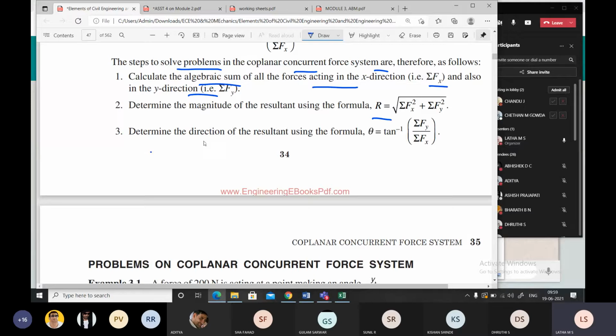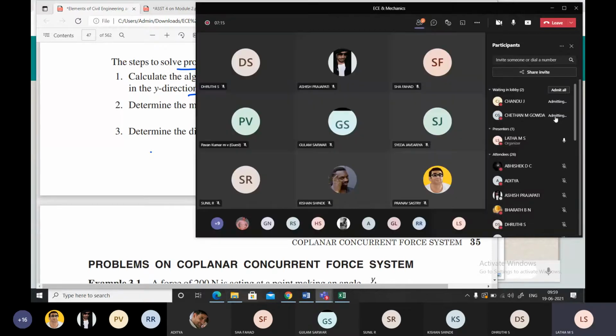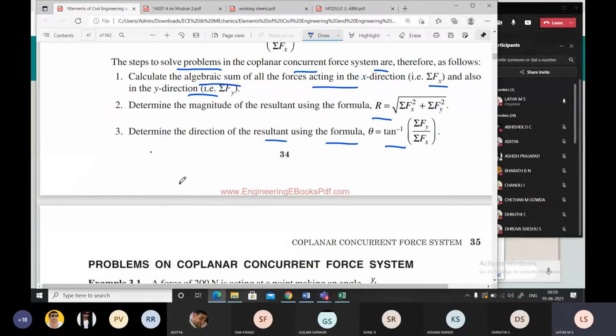Then we determine the direction of the resultant. This is how we calculate. Correct, students?